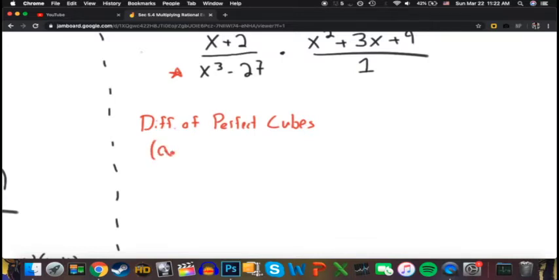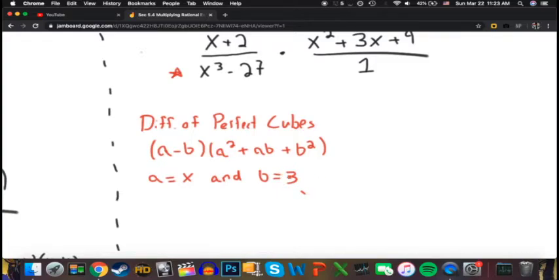And that's just going to be a minus b times a squared plus ab plus b squared. And recall that a and b are just going to be the cube roots of these two terms respectively. So the cube root of x to the third is just going to be x, and that's going to be our a. And b is going to be the cube root of 27, which is 3.